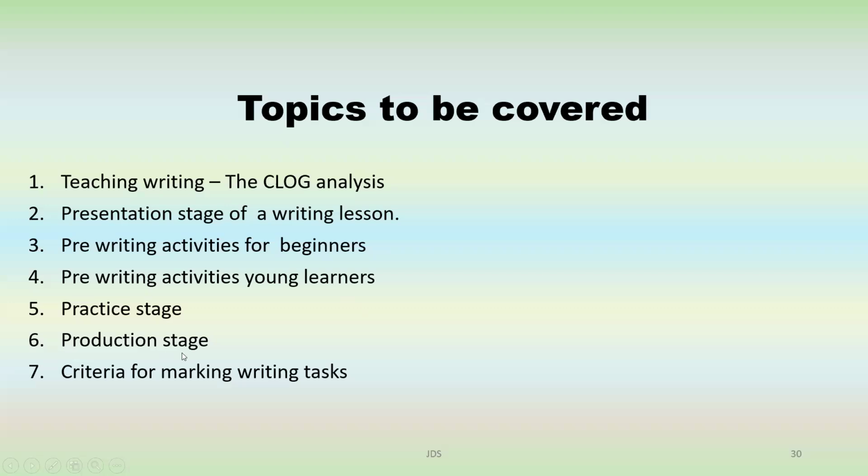Then the practice and production stage. And the last one, criteria for marking writing tasks and also the correction code. It's not mentioned here, but we'll be discussing that as well. Correction code used in correcting a piece of writing. Right, so these are the subtopics that we will be handling today. Go through them quickly.